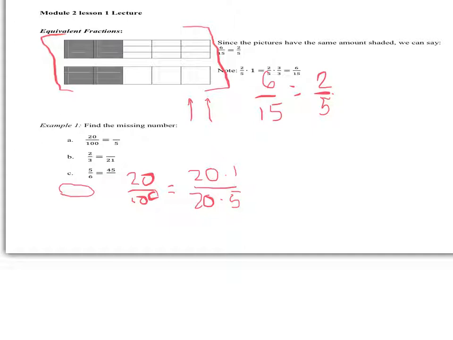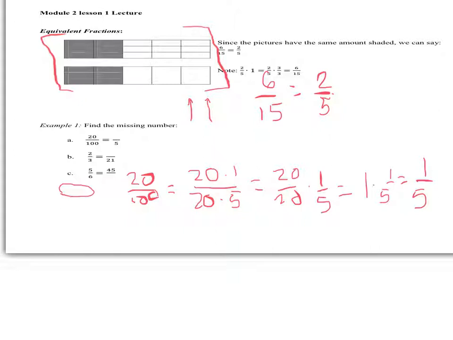And then, going in the reverse of what we have above, 20 over 20 times 1/5 is equal to 1 times 1/5, which is equal to 1/5.